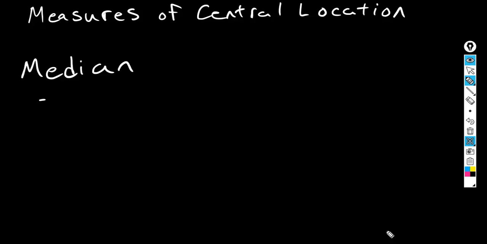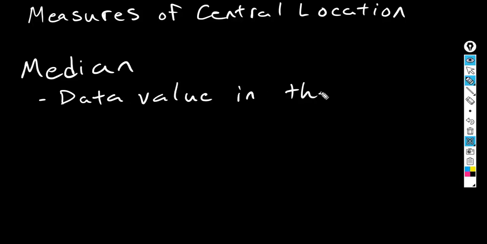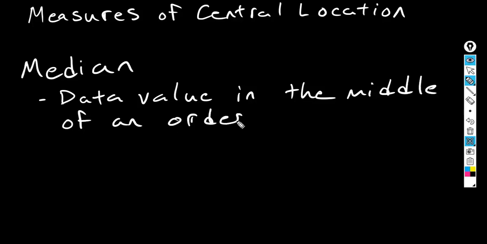So the median, just to refresh our memory, is the data value in the middle of an ordered array. An ordered array just means your data is in order, usually from smallest to largest, although for the median it doesn't really matter, but it does need to be in order.